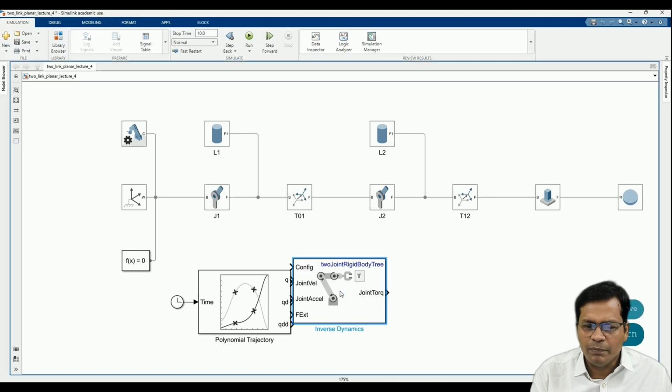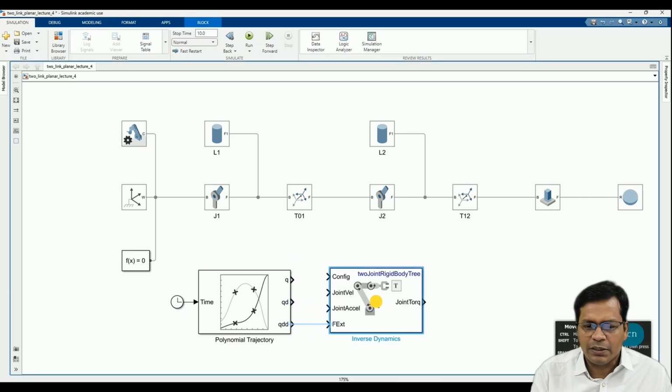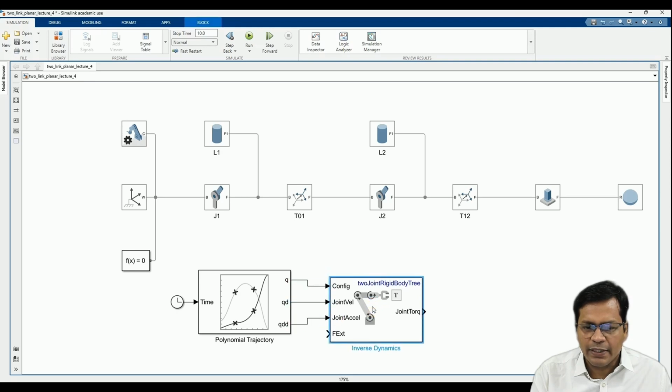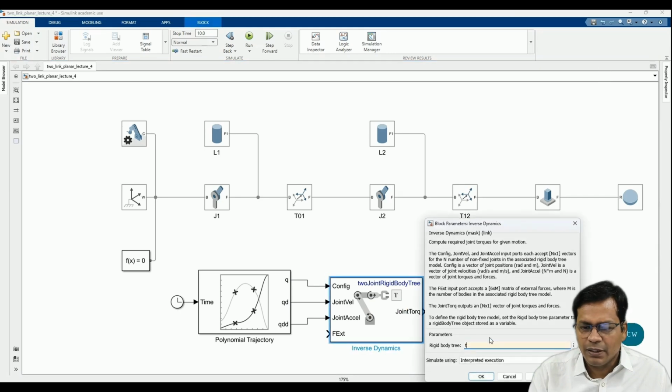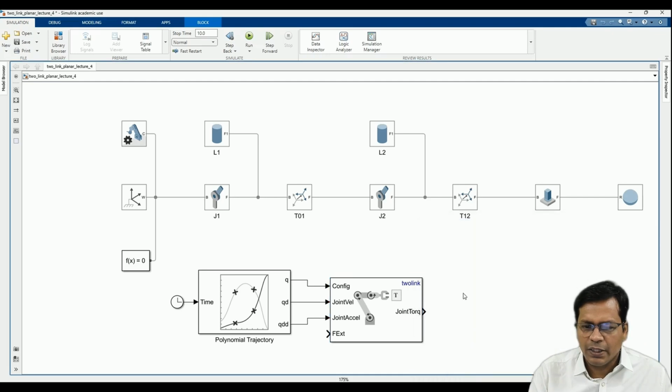Now I will perform robot inverse dynamics. It takes input for the joint configuration, that is the joint angle, joint velocity and joint acceleration. It will use the equation of motion of this robot, so I will make it take the data of this robot from the two-link tree which we have created in the workspace.